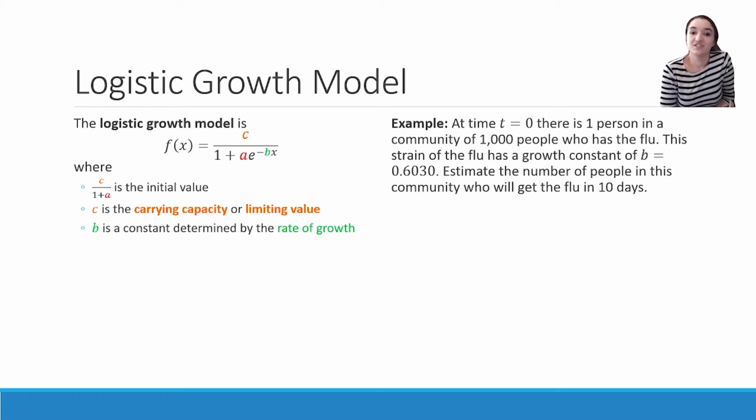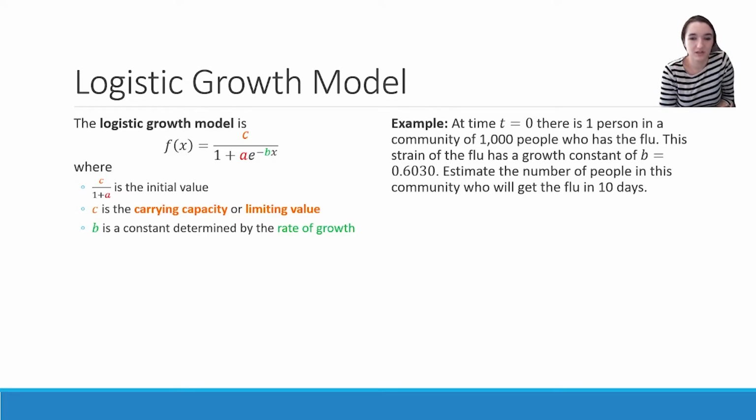Next, we have what's called a logistic growth model. Now, logistic sounds vaguely like logarithmic. It's kind of related, but not quite. So this is not a logarithmic growth model or anything like that. This is its own thing.